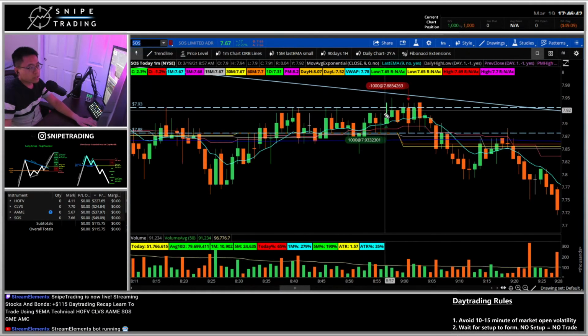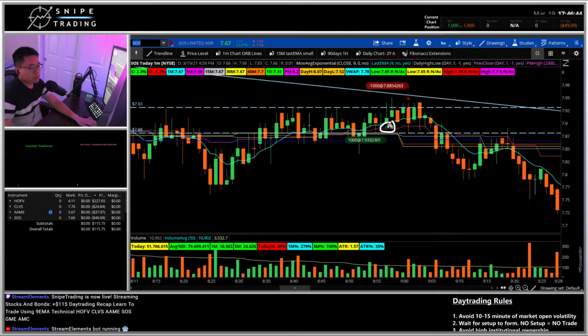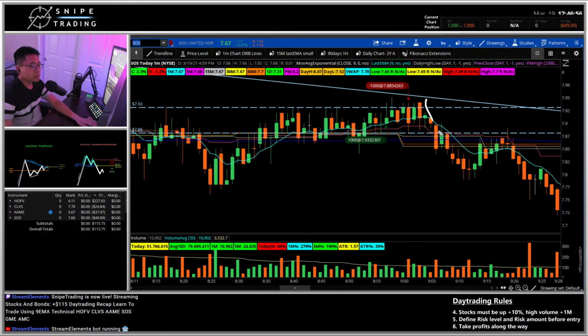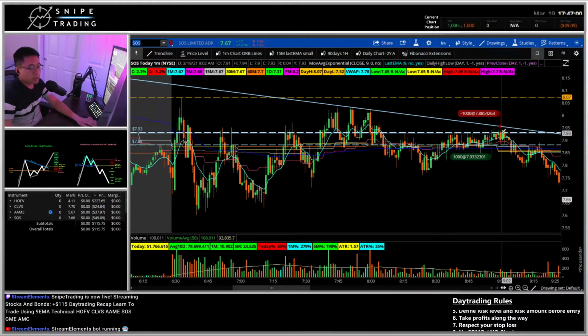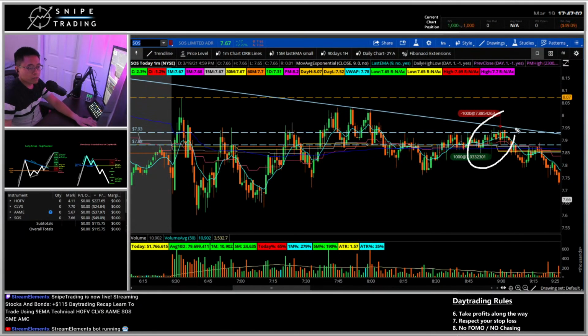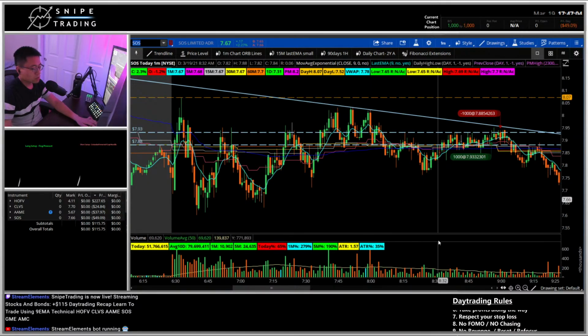So you can see I bought right here on this candle when it's pushing up above this 793 level. You can see 793 was support. So pretty much when it pushed up and failed multiple times, the stock gave it up and everyone was stopping out there. But yeah, I took a $50 loss here, $490 loss on SOS.